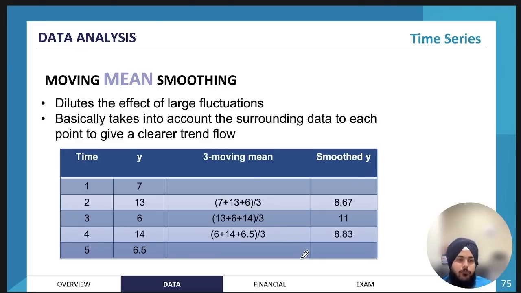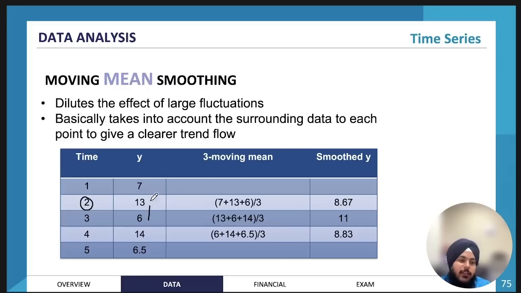First we'll look at moving mean smoothing. Moving mean smoothing is to dilute the effect of large fluctuations. Basically, it takes into account the surrounding data of each point to give a clearer trend flow. An example of this is using this table over here. Let's just say we're trying to calculate the smoothed mean value of time 2, and let's say a 3 moving mean.